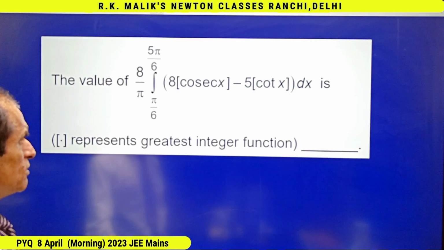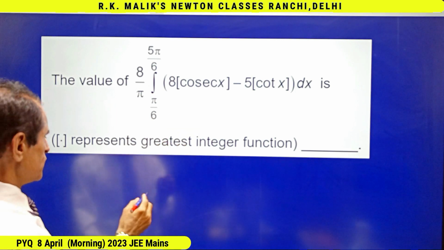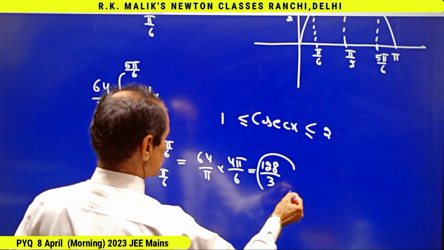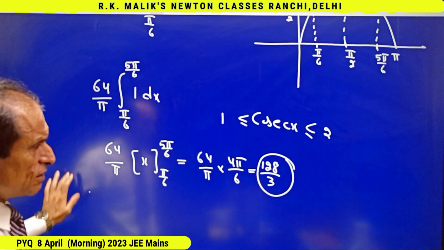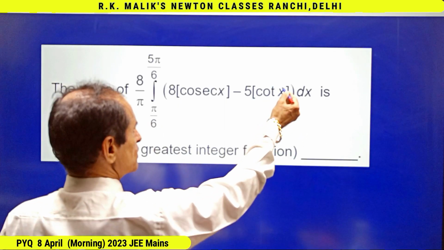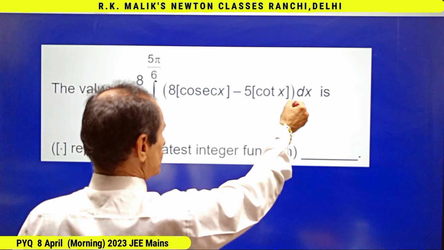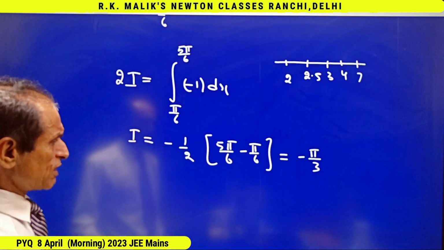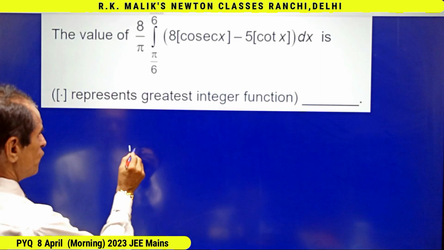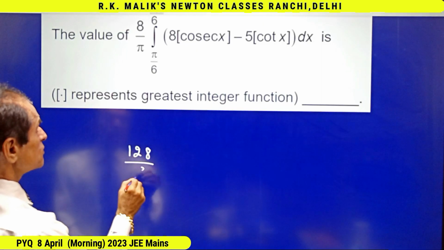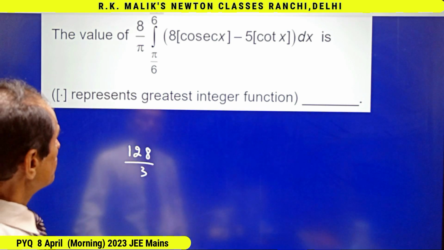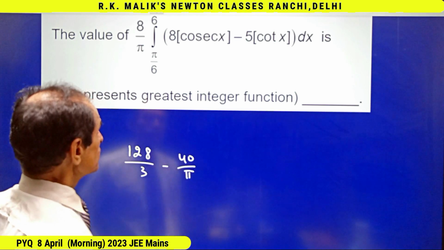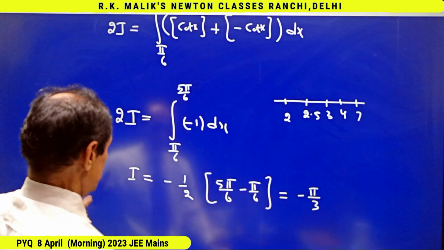Hence I conclude that the value of this becomes: note that the value of the first part was 128 by 3, and the value of the integral of this part only is minus pi by 3. I have calculated 128 by 3 minus 40 upon pi into minus pi by 3.